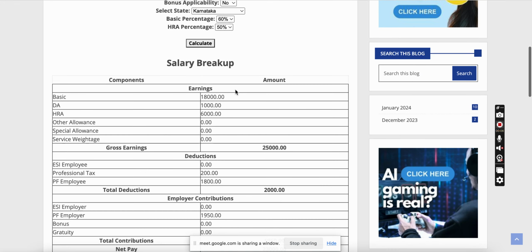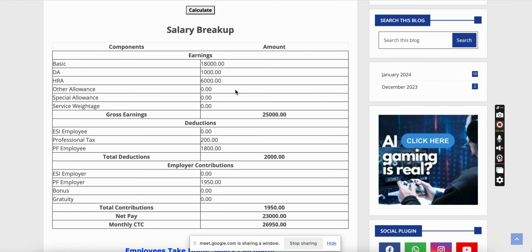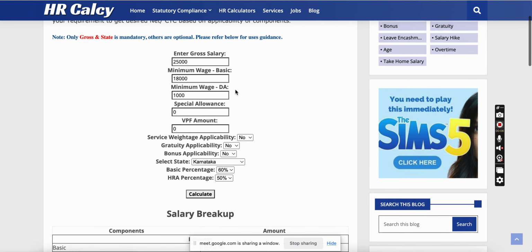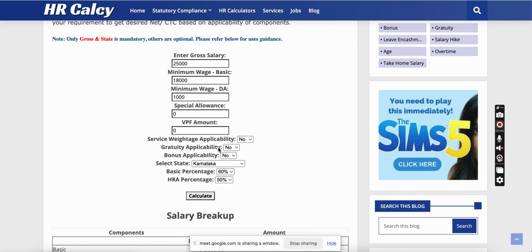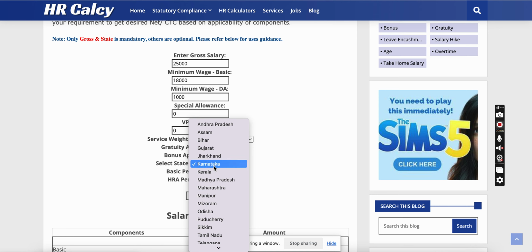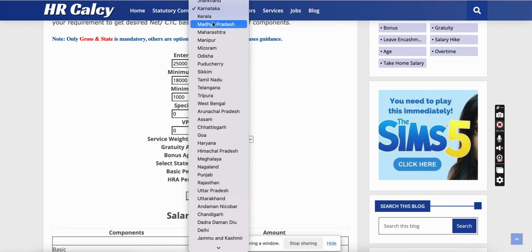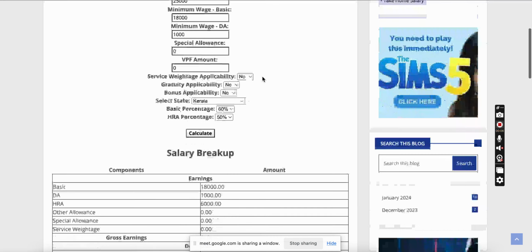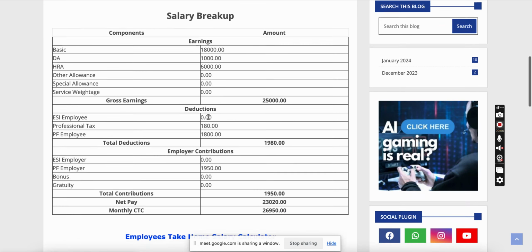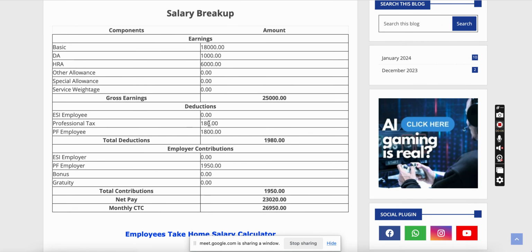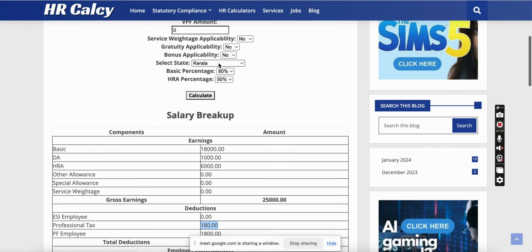Not only that, even for PF you need not go and search, because PF has slabs. All those PFs are already configured here, even for Kerala. If I calculate, PT is showing 180 because we made this breakup for Kerala.